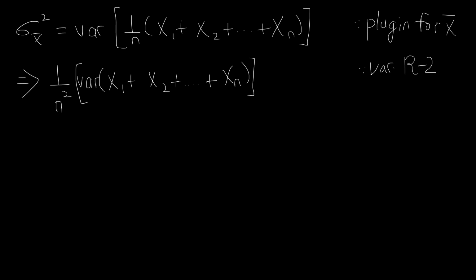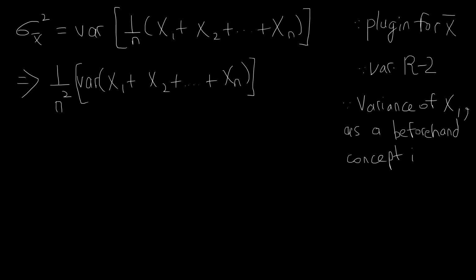So over here, I'm going to note down the reason: the variance of x1 as a beforehand concept is sigma squared x.